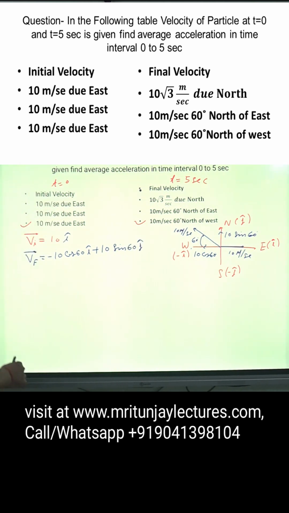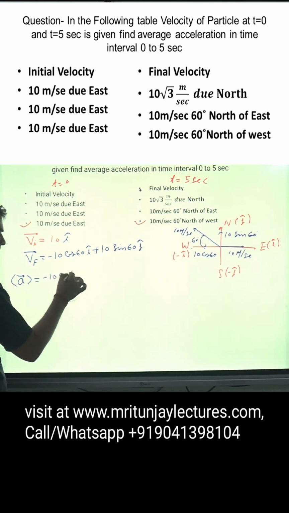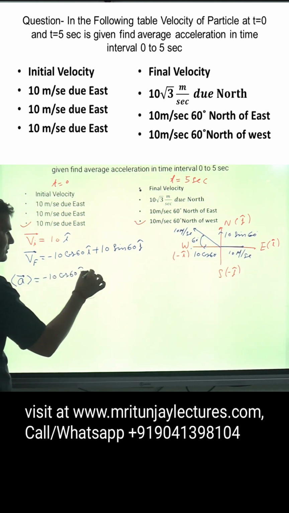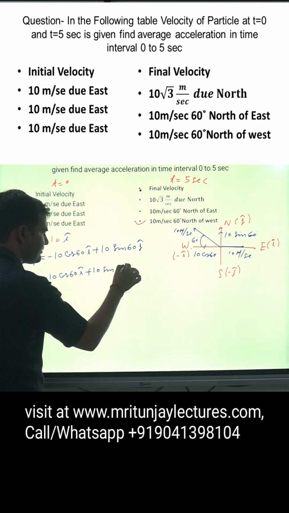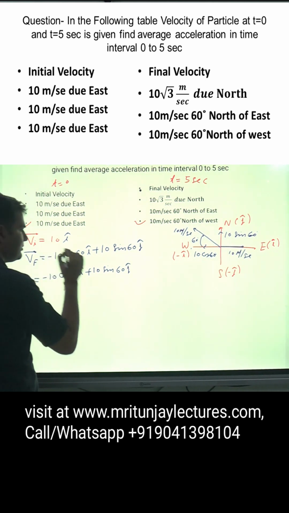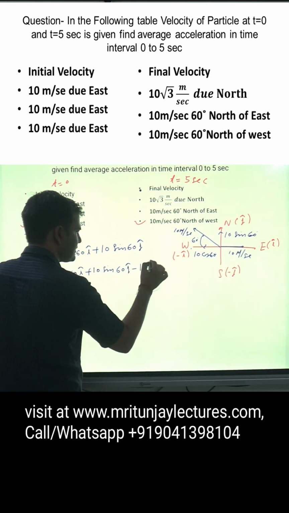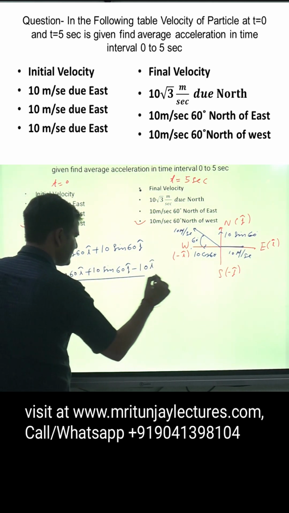Okay. So what about average acceleration? Final, minus 10 cos 60 into i cap plus 10 sin 60 into j cap, minus 10i, divided by 5.